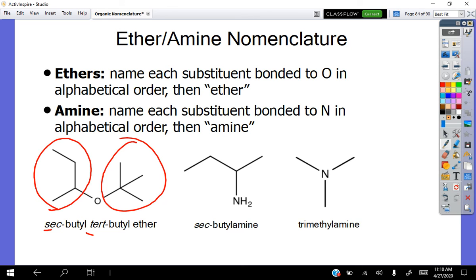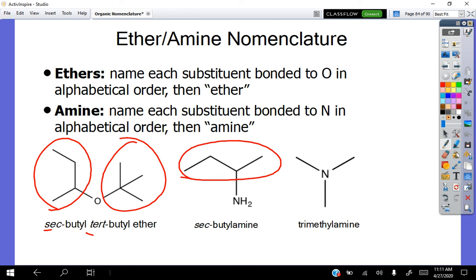So they would say whatever the parent chain is, and then the number, and then ethoxy. We're not going to use that system for this part of the course because we just won't deal a lot with ethers and amines when we're doing our reactions at the end of the semester, but it is good to know how to name some of the simple ones.